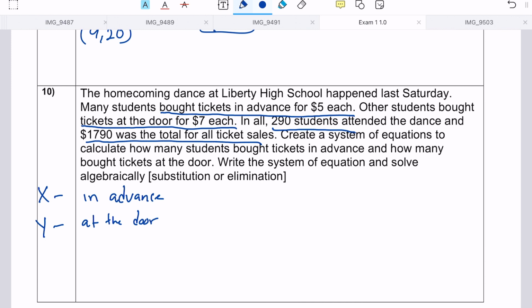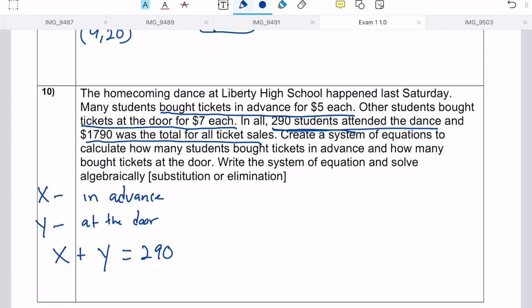Okay, so now we can say that the number of students that attended the dance, and we don't know whether it be those who bought tickets in advance or at the door, we can say that the number of students that bought in advance plus the number of students who bought at the door is going to equal 290.